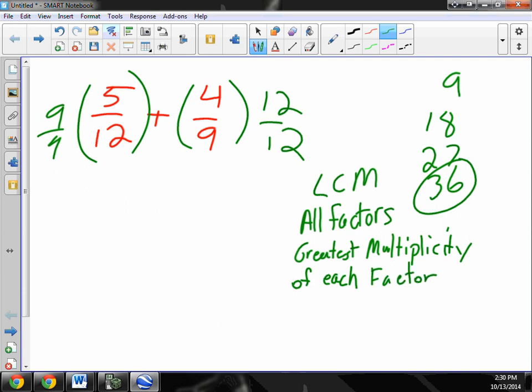So my common denominator will have all of the factors that the original two have, and it will also have the greatest multiplicity that shows up on either side. So here's what I mean.